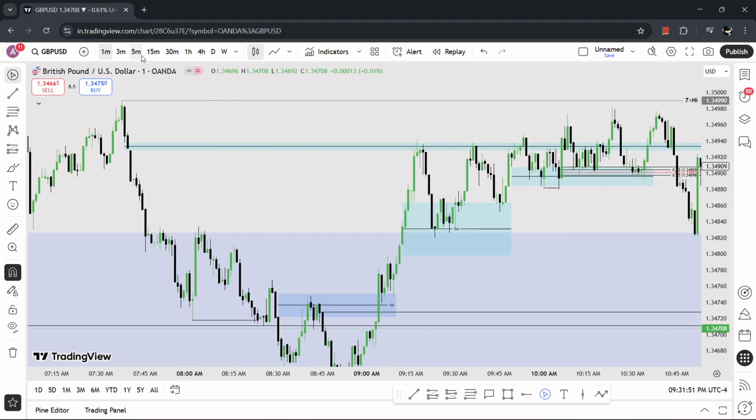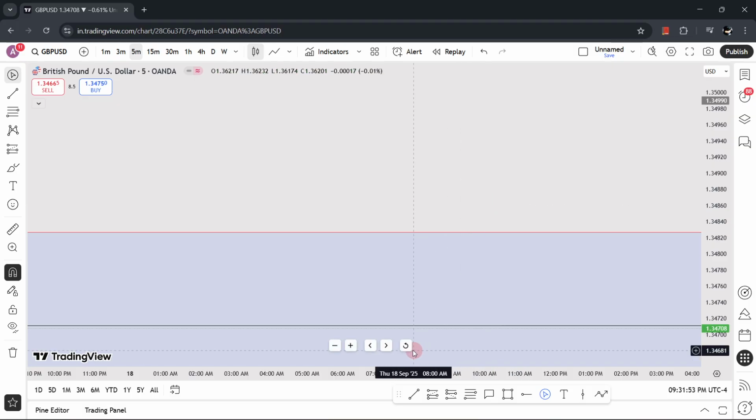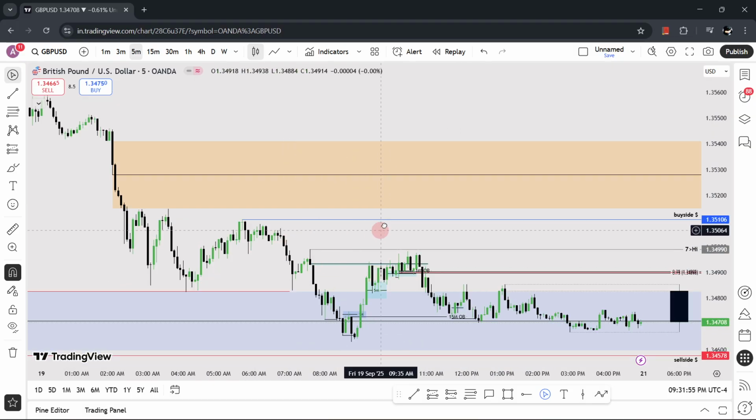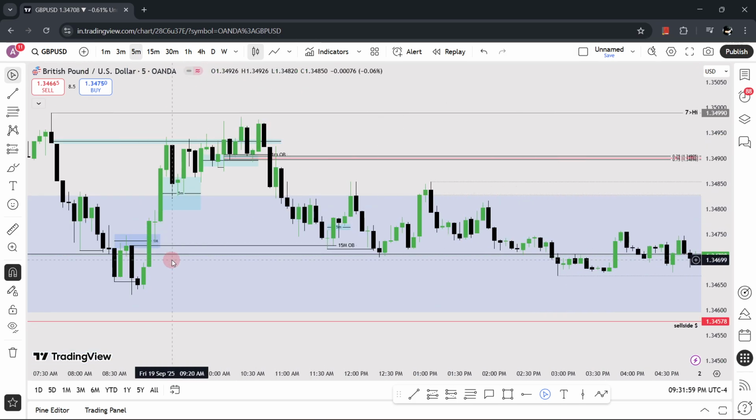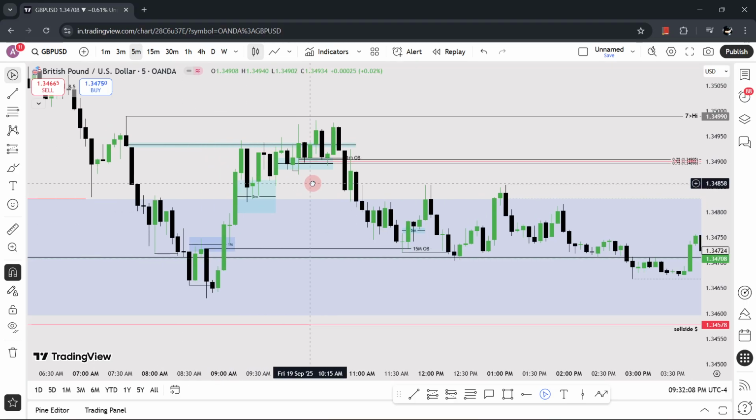Now if you look at the 5 minute chart, you had this 5 minute fair value gap open. I'm not expecting the market to come all the way up here to take the liquidity or fill this gap.